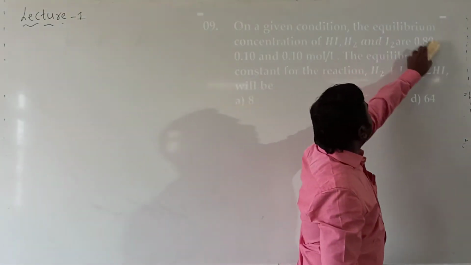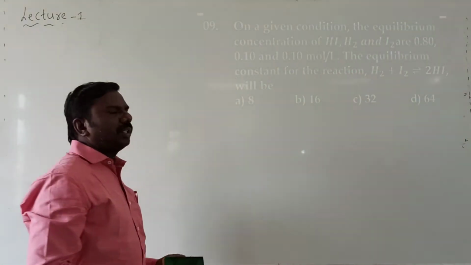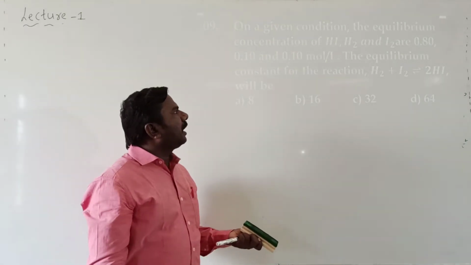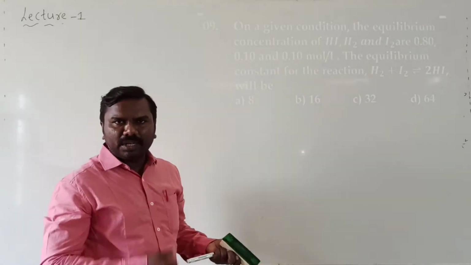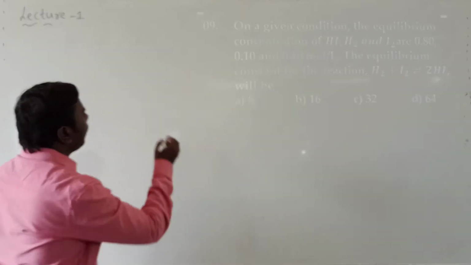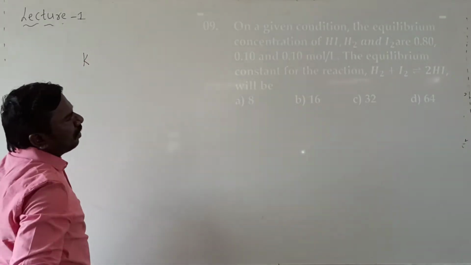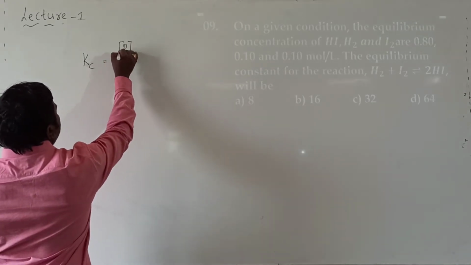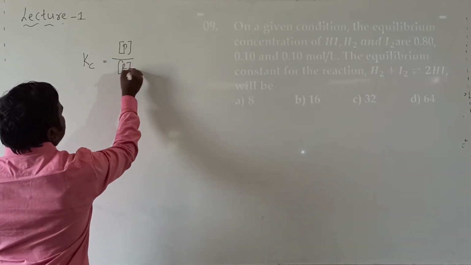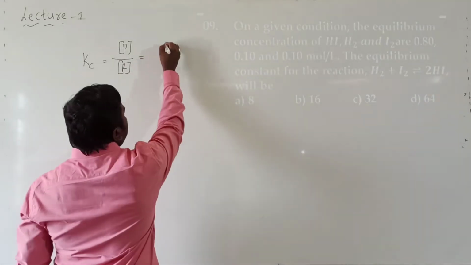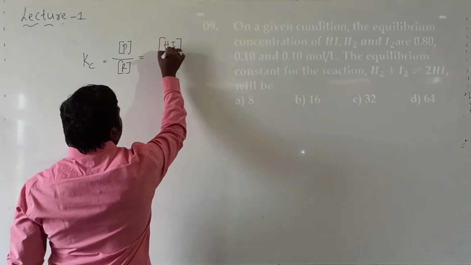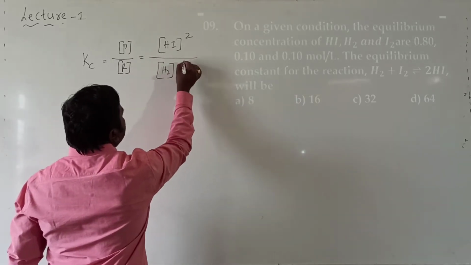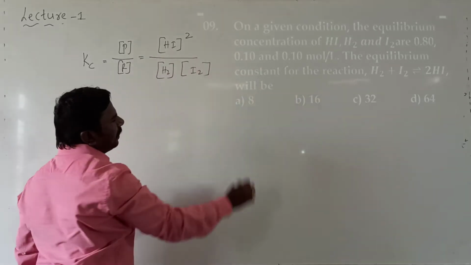On a given condition, the equilibrium concentrations of HI, H2, I2 are given, and you should calculate the equilibrium constant for the given reaction. So Kc equals product concentration by reactant concentration. Products are HI, whose coefficient is taken as a power, and H2 coefficient 1, I2 coefficient 1.